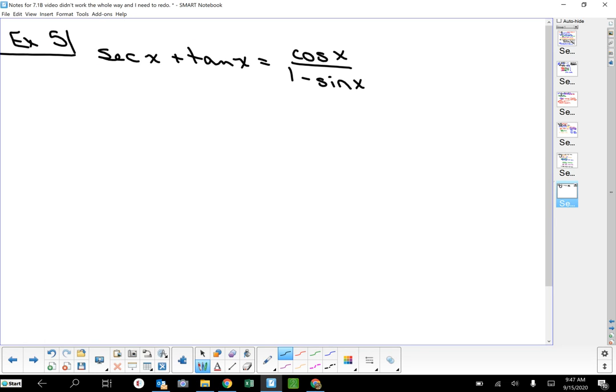And here, the right-hand side is the more complicated side. And you've only got single terms in the denominator. I'm sorry, you have a double term in the denominator, but the sine isn't squared. So you can't use a Pythagorean identity here.